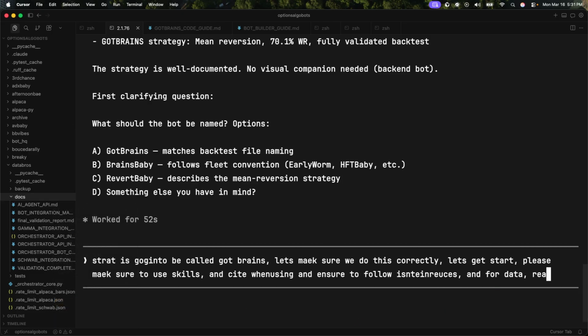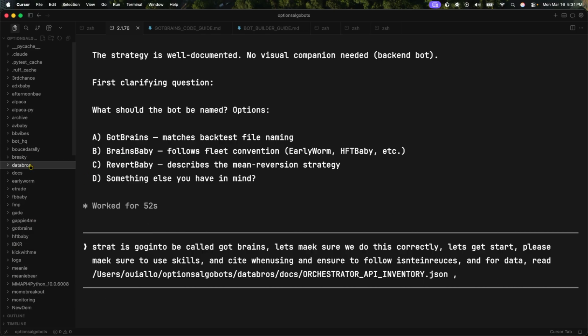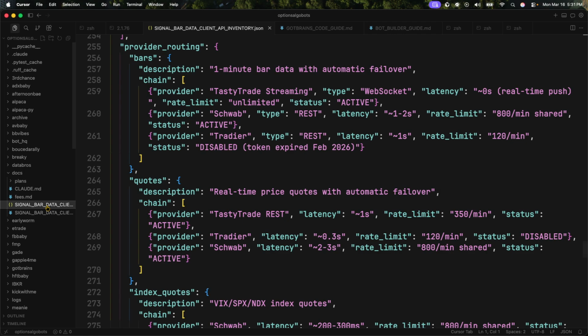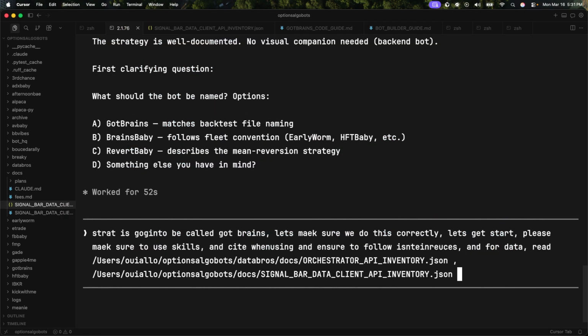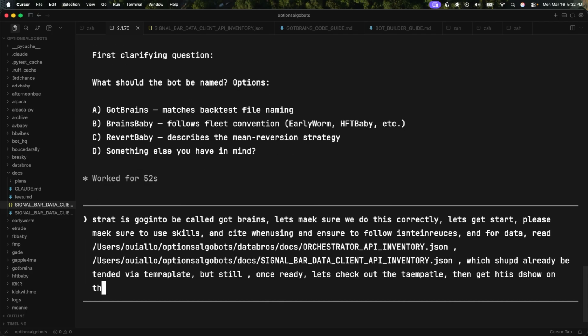For data, read, so there are no assumptions, which should already be tended to via the template, but still. Once ready, let's check out the templates, then get this show on the road.